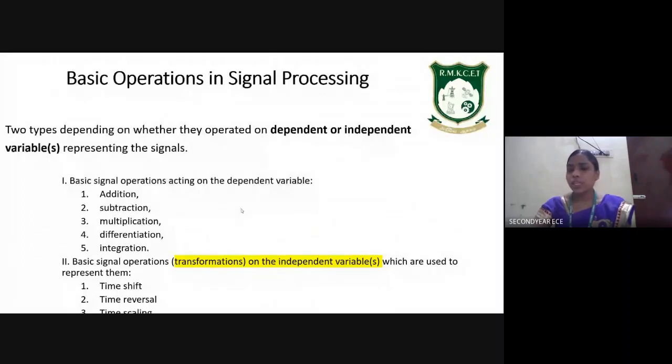We need to increase the intensity of the image. Let us consider an image processing application. In that, we need to increase the brightness of the image. So to increase the brightness, we increase the intensity level of the image. Isn't it, ma'am?